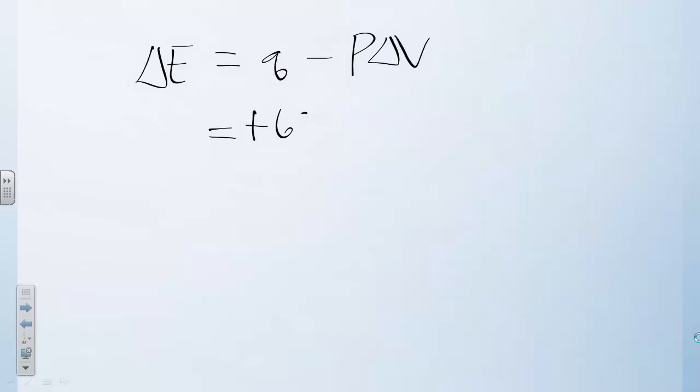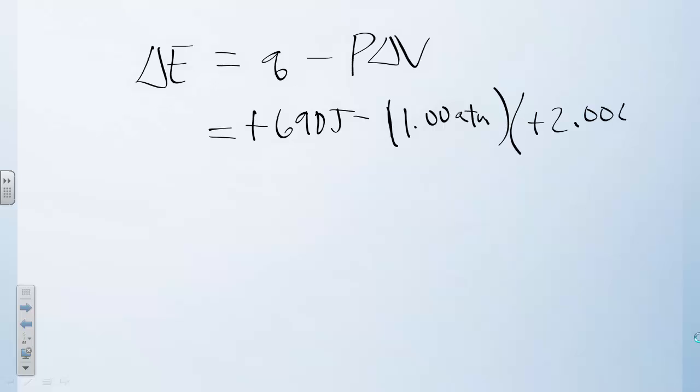Let's see how this works here. We say that delta E is equal to Q minus P delta V. We're going to find the energy change, delta E. Sometimes in other books it's delta U, but we'll just use delta E. Again, Q was plus 690 joules, P is 1.00 atmospheres, and that volume change was plus 2.00 liters.